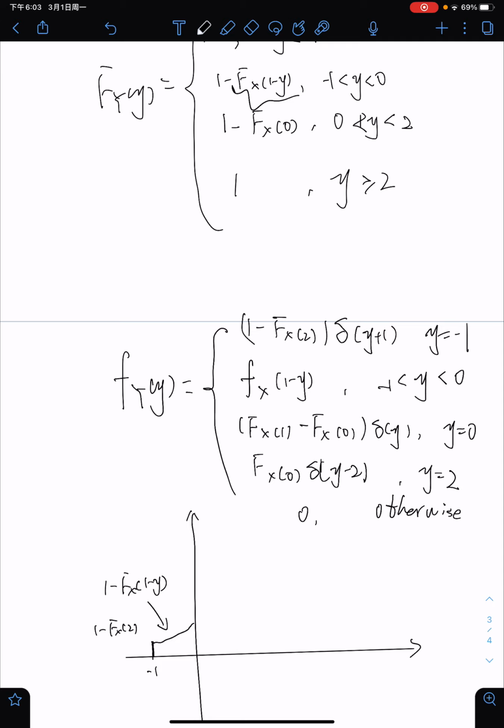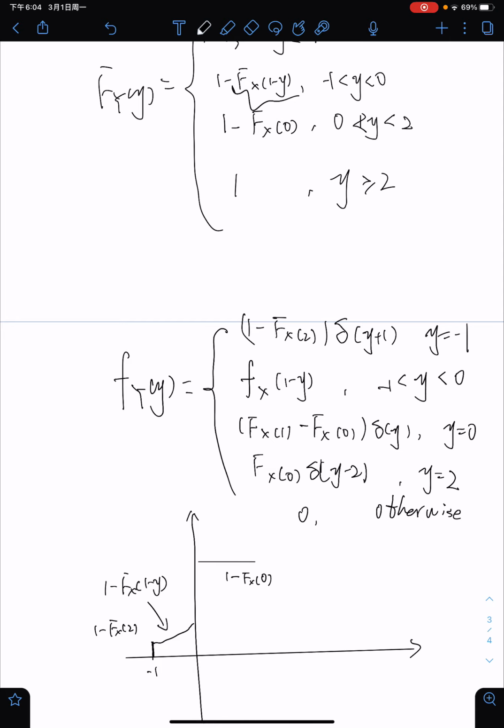And at 0 we have an impulse, so this point is 1 minus Fx(0).